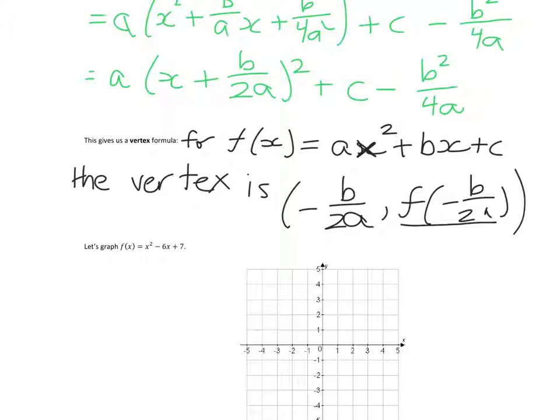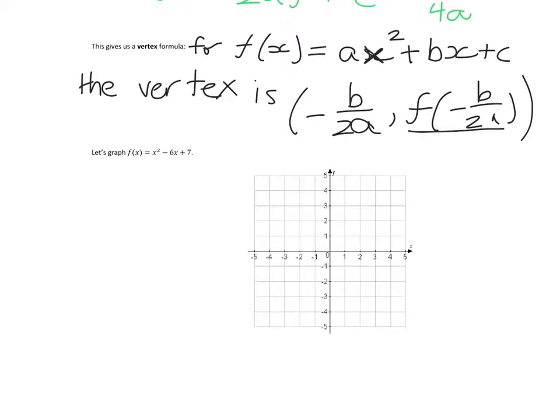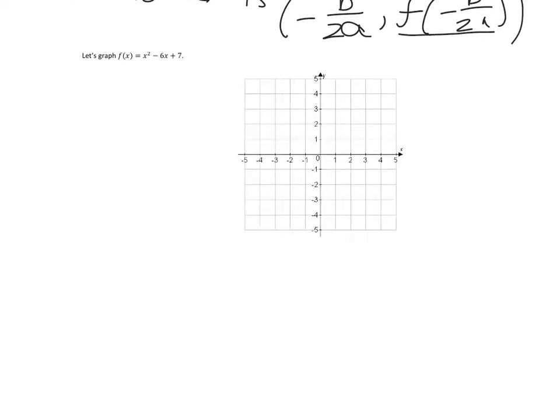So let's go back to x squared minus 6x plus 7. If we wanted to graph it, we have to have the vertex. And now we have a formula, negative b over 2a. You can always complete the square from scratch too if you don't want to use the formula, but I think it's a little bit easier to use our formula.